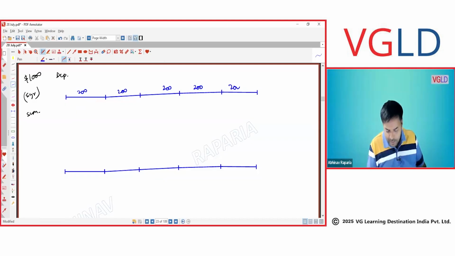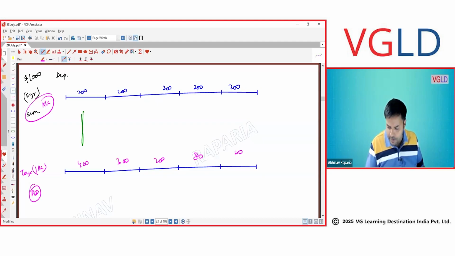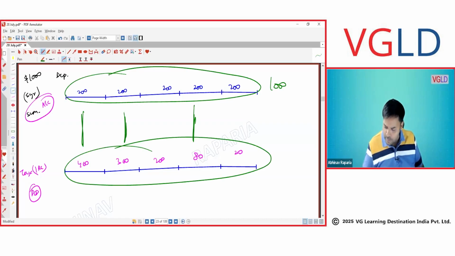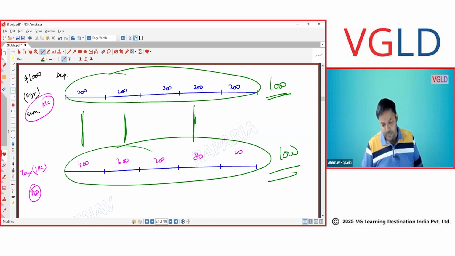But maybe as per the tax, this is as per accounts, US GAAP. But maybe as per tax, that means IRC, you are following an accelerated depreciation method. That means maybe you're charging depreciation 400, 300, 200, 80. So year on year, they are not matching. But overall, how much depreciation have you charged? 1,000. Here, 700, 1,000. So eventually you are charging 1,000 in that case as well. So this is a temporary difference. That means eventually they are going to match.